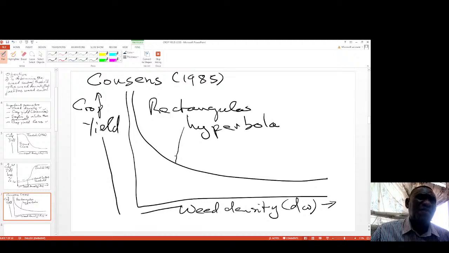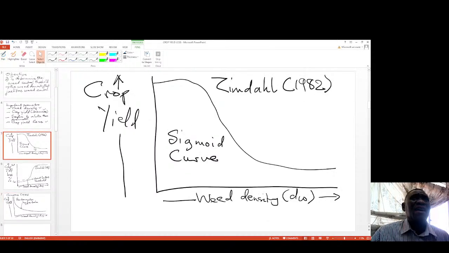That is the name of this curve. Whereas Zimdar proposed the sigmoid curve.